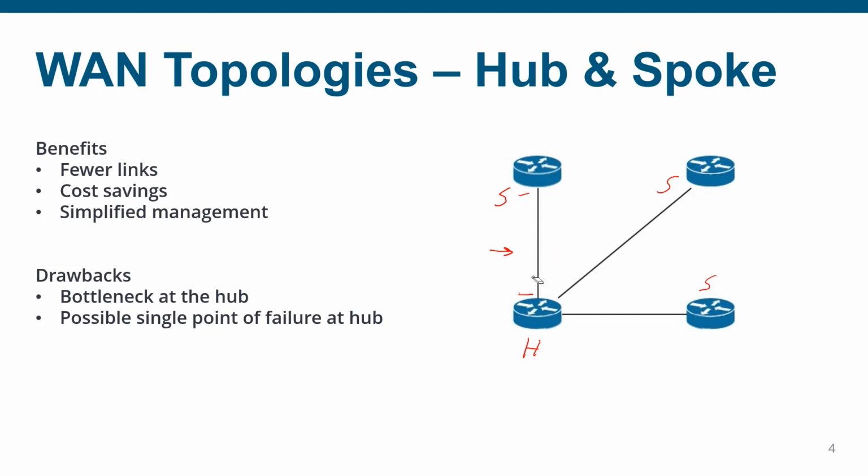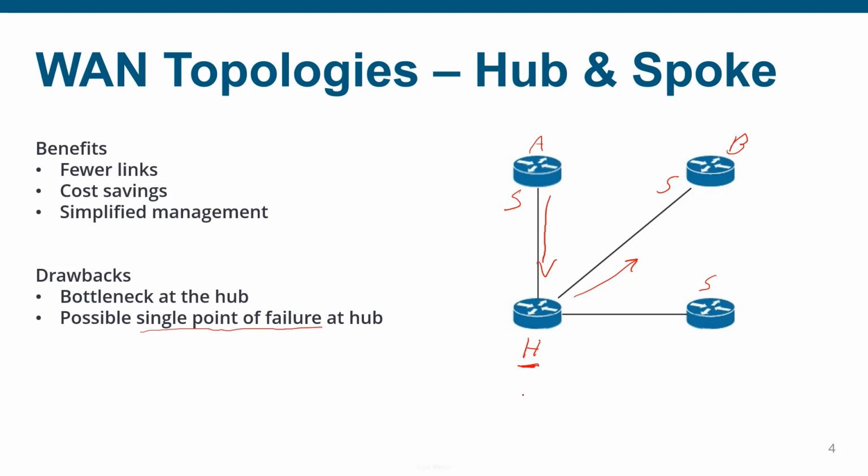Some of the drawbacks of this topology are that you're reliant upon a hub. All of your spokes, if spoke A wants to talk to spoke B, that traffic needs to come down through the hub and go up to spoke B. This not only gives us the opportunity for a bottleneck, but also potentially a single point of failure.